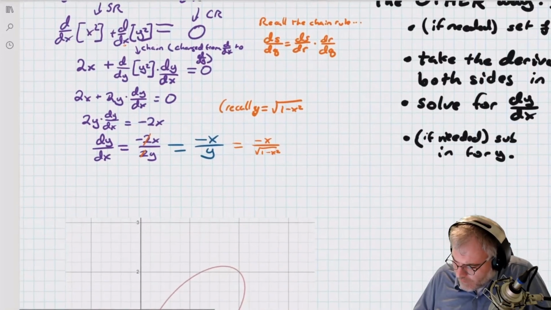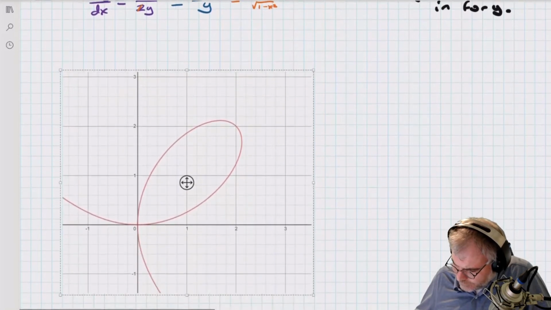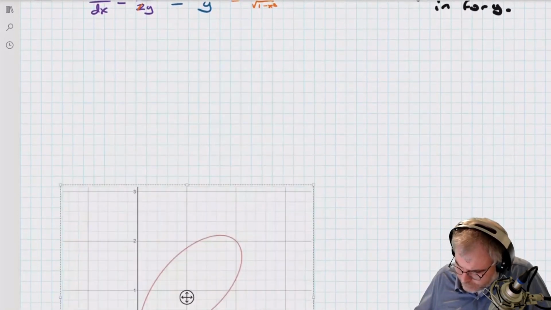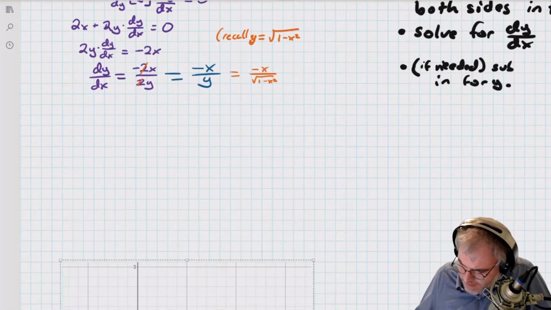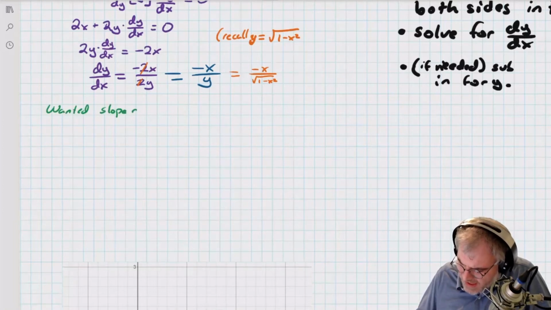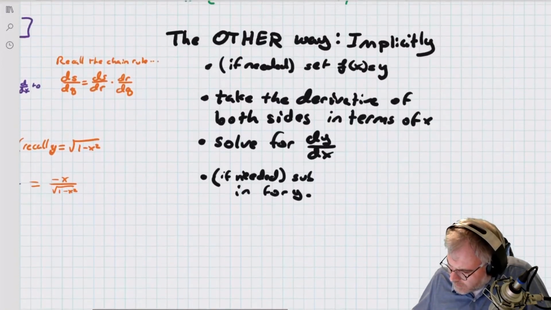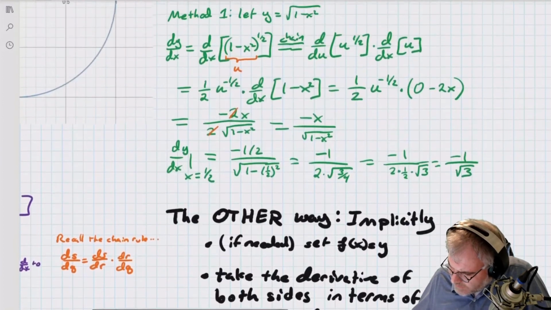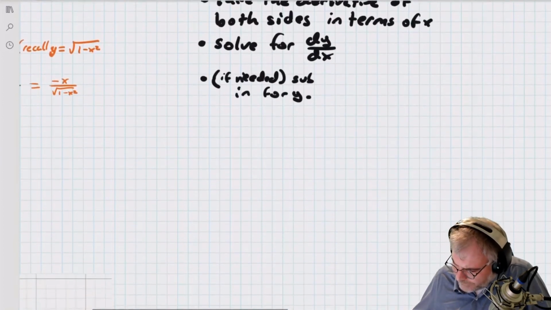Because what did I want to know? I wanted the slope at a particular number. I wanted the slope at 1/2, square root of 3/4.